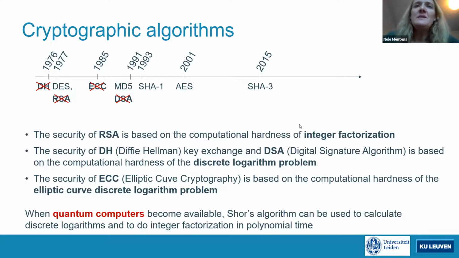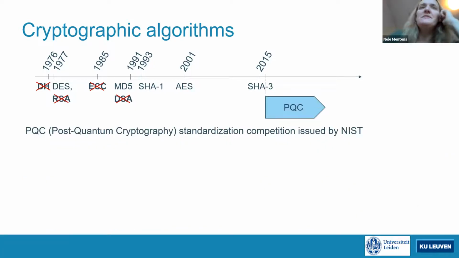So that means that when sufficiently capable quantum computers exist, all these algorithms will no longer be secure and therefore cannot be used. And therefore, we got into the post-quantum crypto era, let's say.